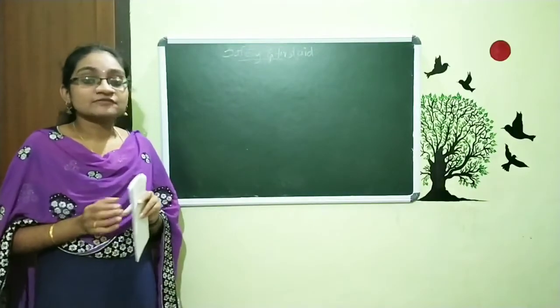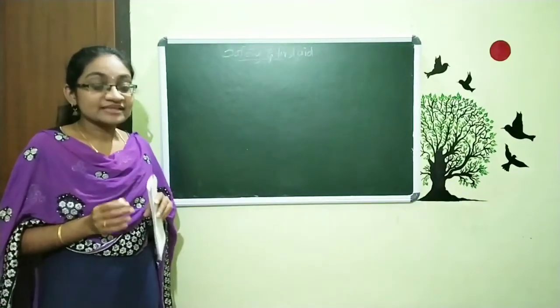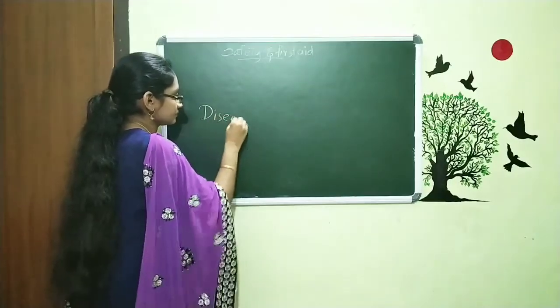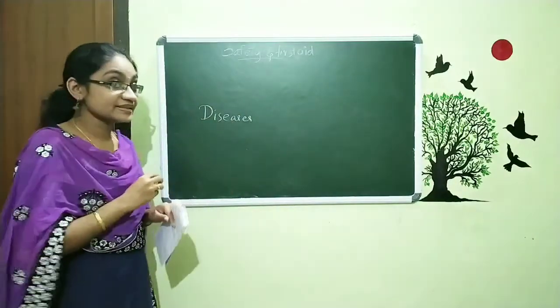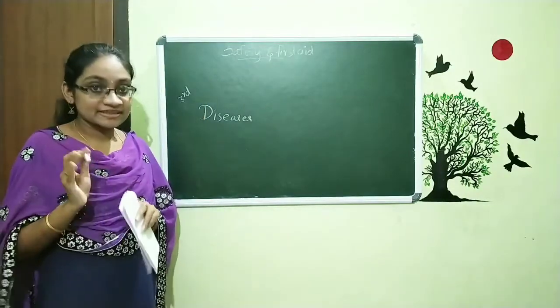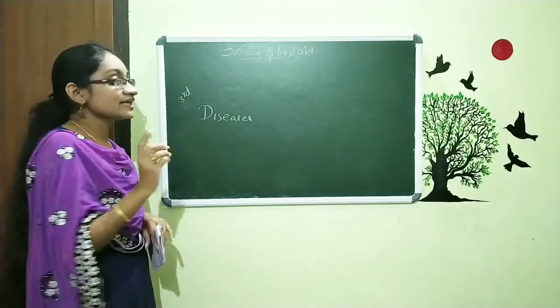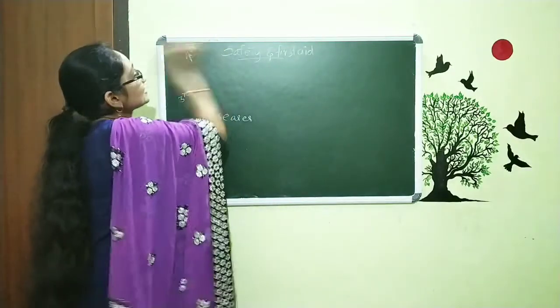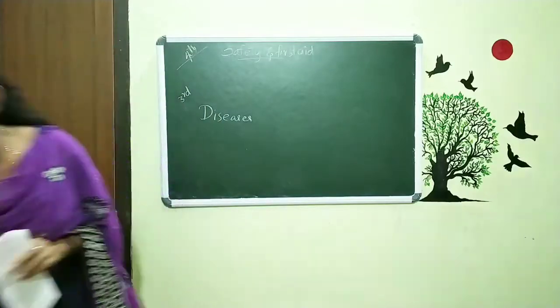In the last class we concluded our chapter and the next chapter is diseases. That is the third chapter. We will discuss this chapter later. Now I am going to start the fourth chapter, and that is safety and first aid.